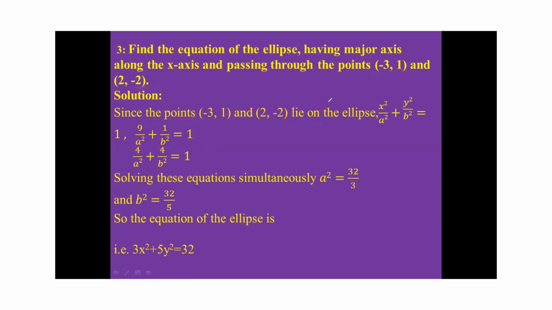And again, substitute 2 into x and -2 into y. Substituting 2 into x gives 4 over a squared, and substituting -2 into y gives 4 over b squared. So 4 over a squared plus 4 over b squared equals 1.